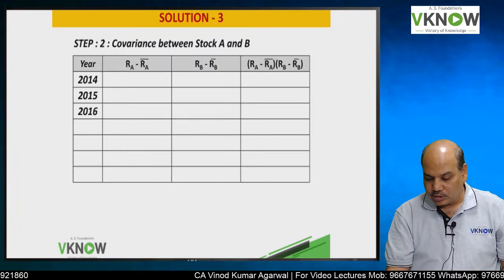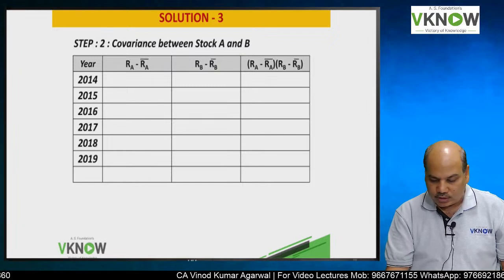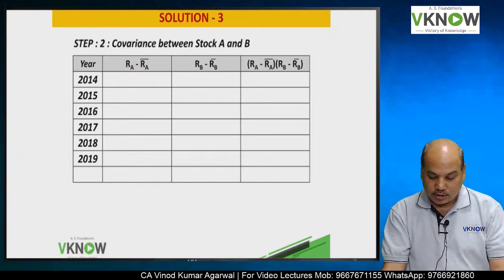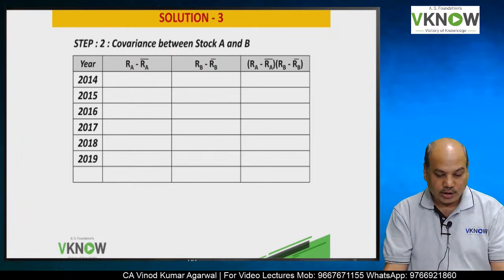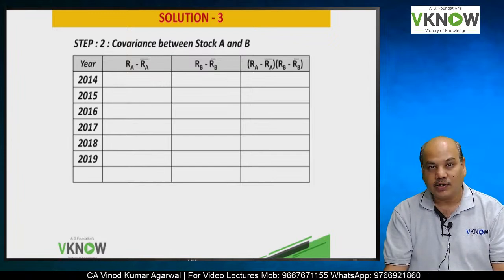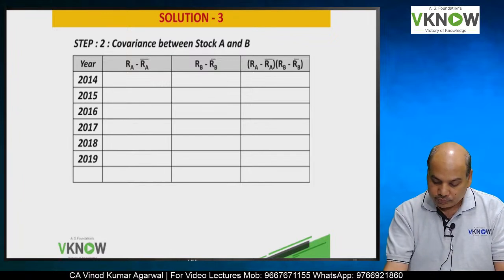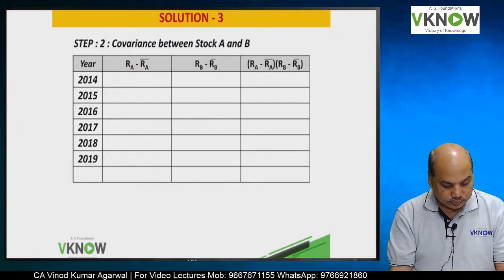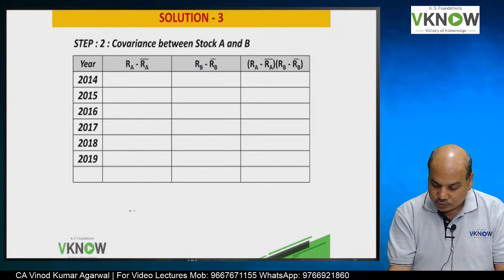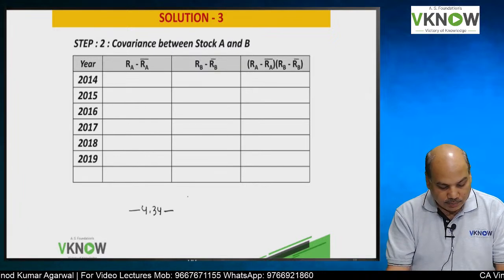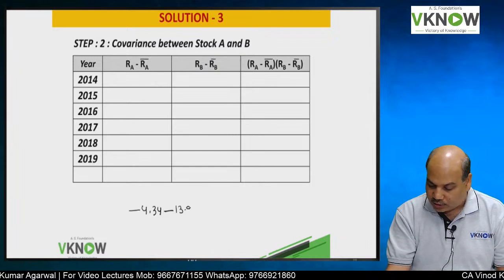First you write down year. Don't write 2013 because 2013 does not have return, as we have not calculated the return of 2013. Student will keep the previous answer in front of you. What was RA of 2014? RA of 2014 was minus 4.34 and RA bar was 13.99.